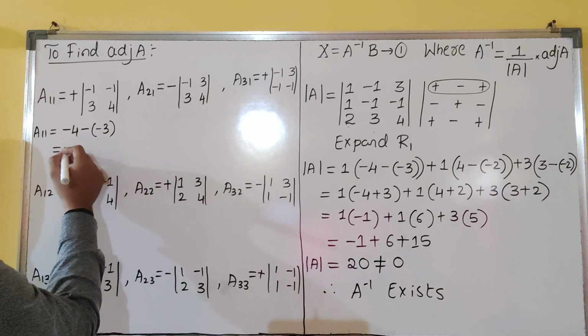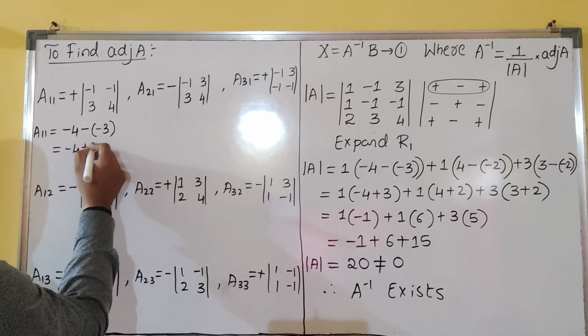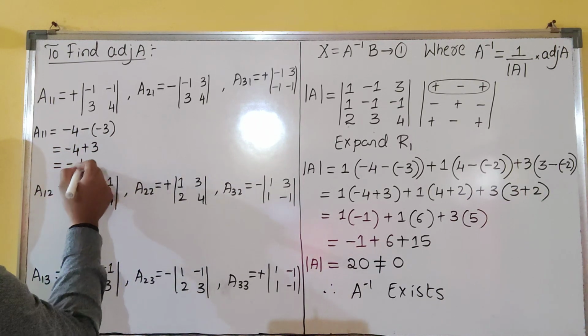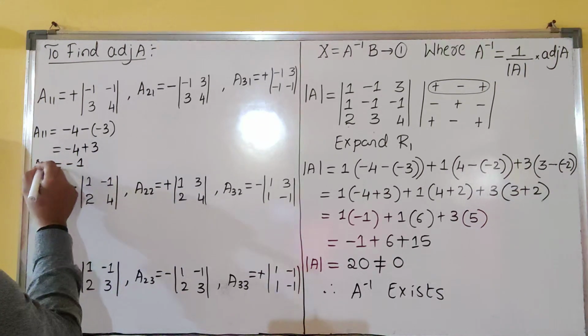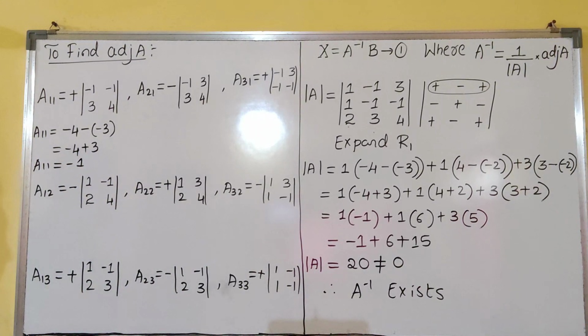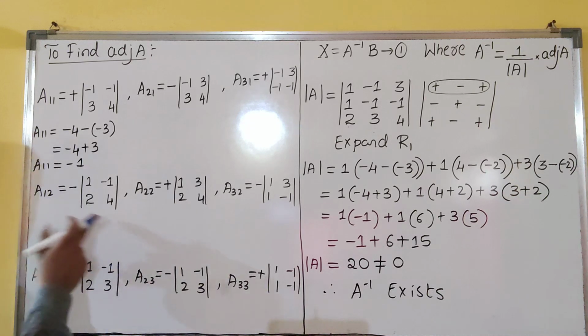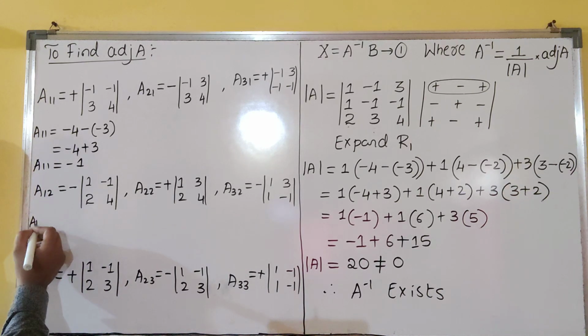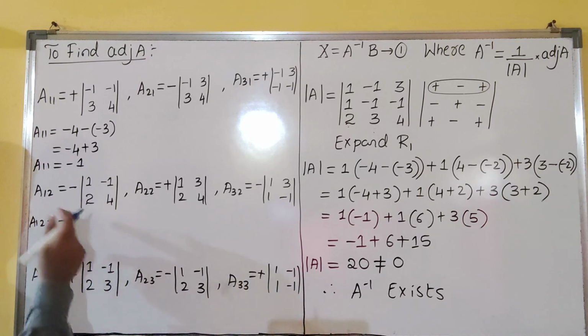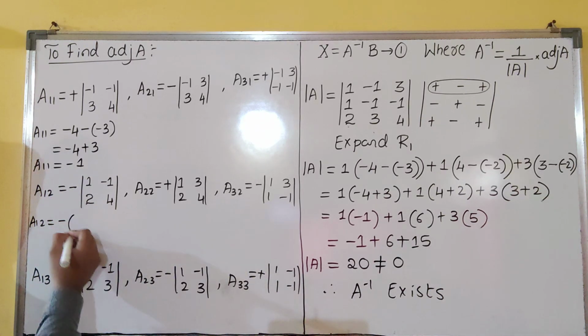How much will you get? Minus 4 plus 3, and you will get minus 1, dear students. This is your A11. I hope everyone is clear. So let us check A12. Outside there is a minus, don't forget that. So 1 into 4 is 4.